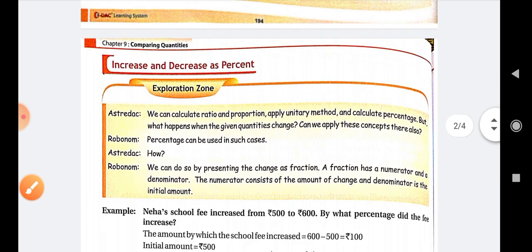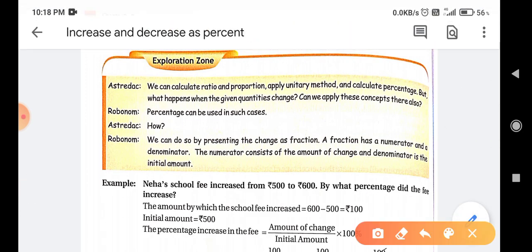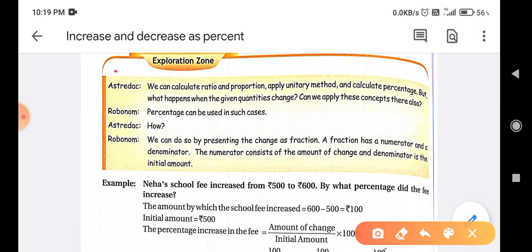Next topic is increase and decrease as percentage. Here we are given a conversation between Astridek and Robonum. Astridek is saying we can calculate ratio and proportion, apply the unitary method and calculate percentage.